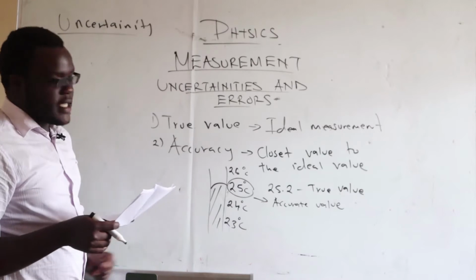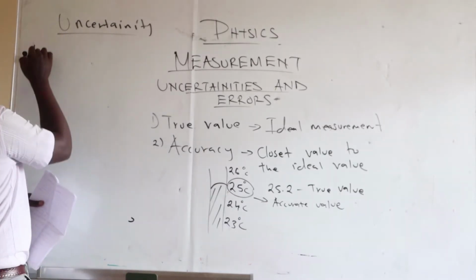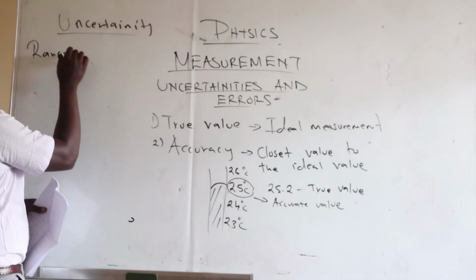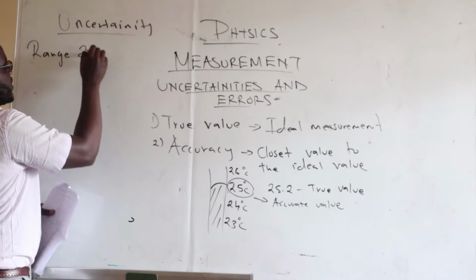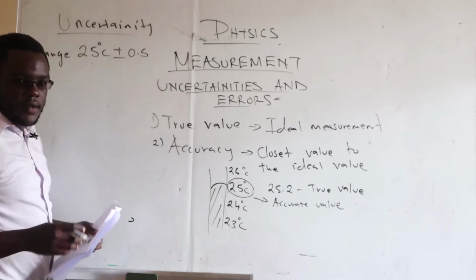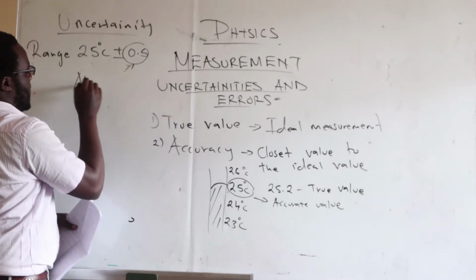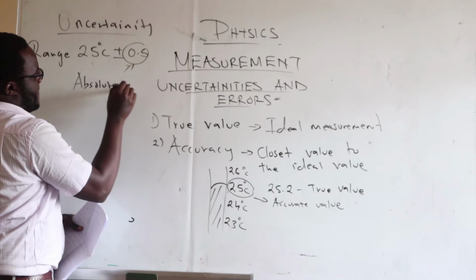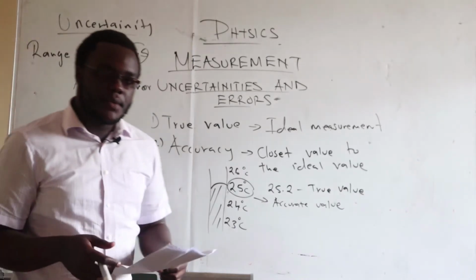Consider the example that I had given, the 25 degrees Celsius. The range that the temperature is going to be within is 25 degrees Celsius plus or minus 0.5. We can get our absolute error as this, and I'm going to explain later how we find the absolute error.